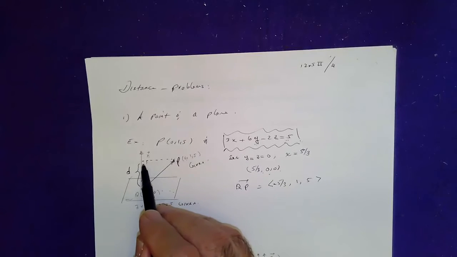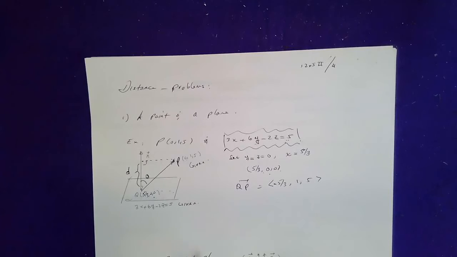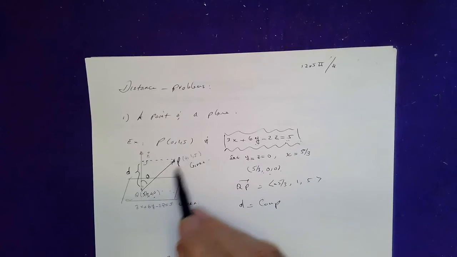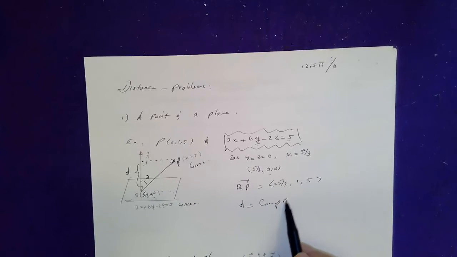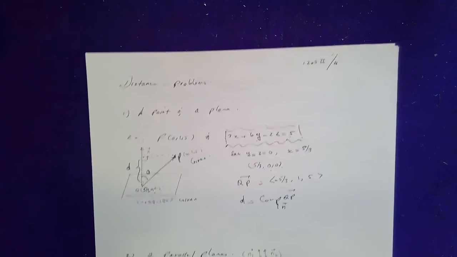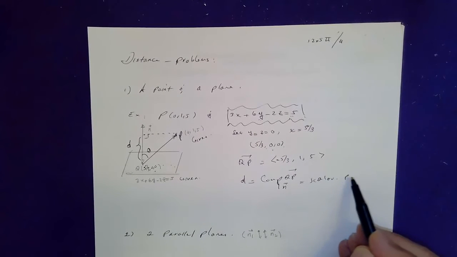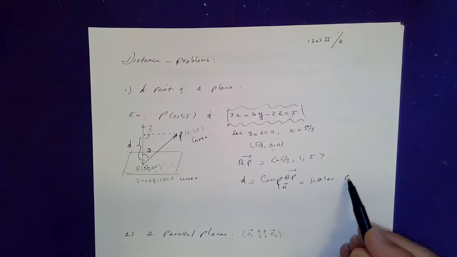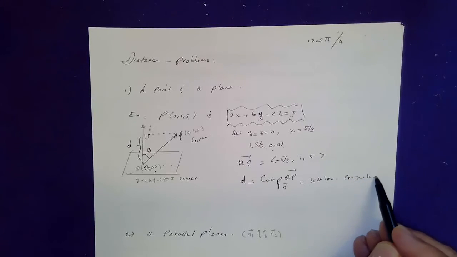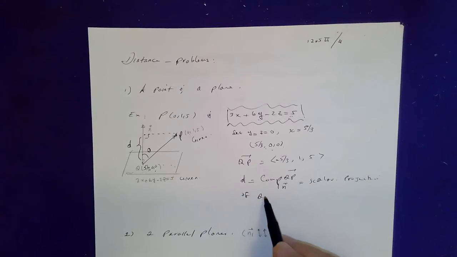Well, looks to me this is a right triangle, correct? So looks to me also D is kind of like a scalar component or the shadow of what? Of QP onto the normal vector. So this would be the scalar projection of what?